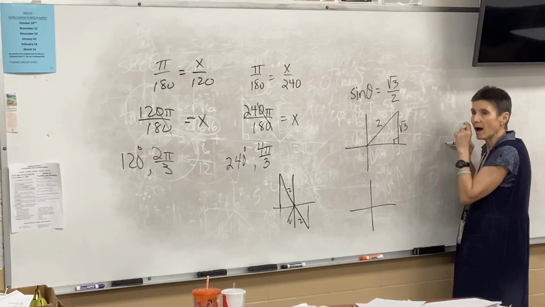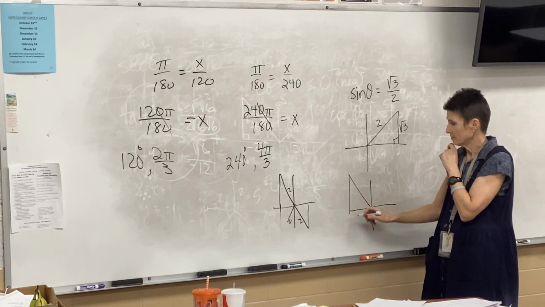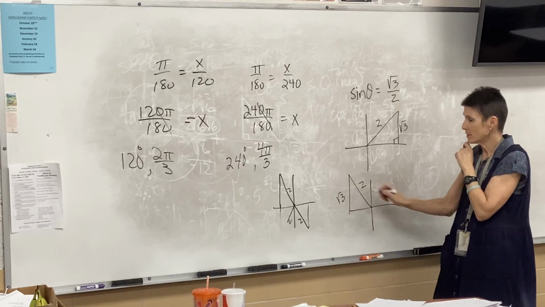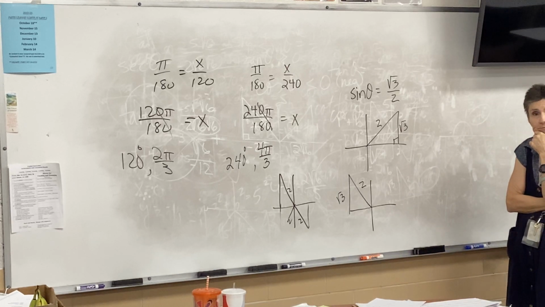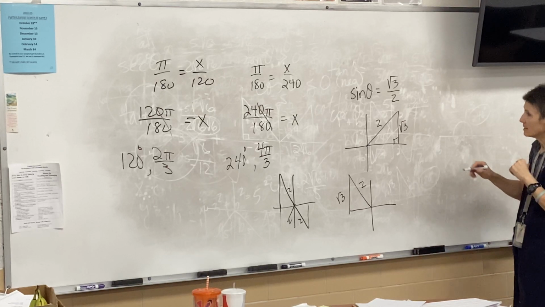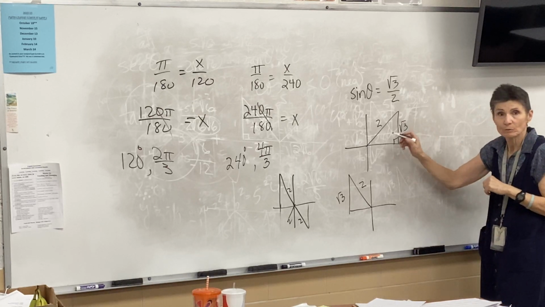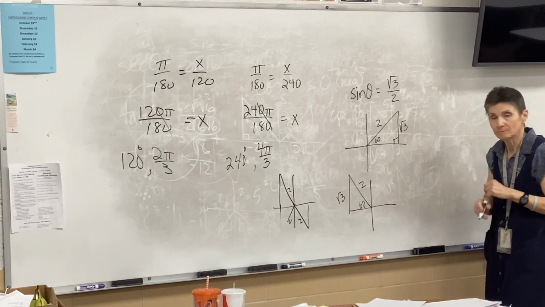Where else is opposite positive? Would you agree right here, that that's root 3 over 2 in that quadrant? Indeed. And as luck would have it, what angle is across from the root 3? 60. So we got the same angle.